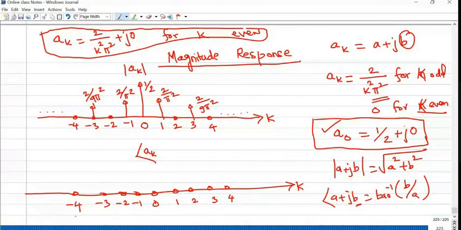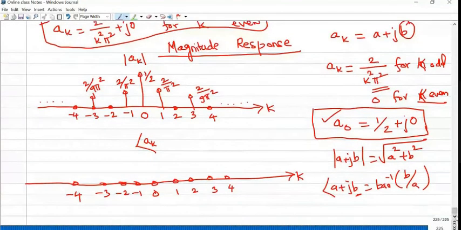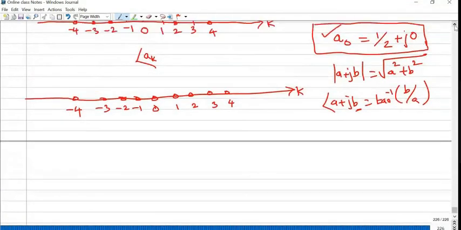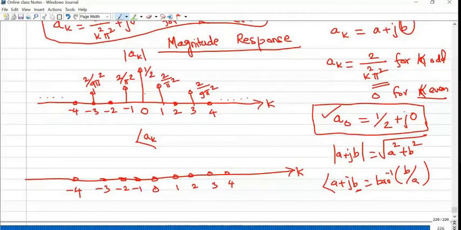Okay. For some other signal, if the answer AK is in the form of a complex number, then for each and every value of K, we have to calculate the angle. So in general, the magnitude will be symmetric. That is, K equal to 1, what is the magnitude? Same thing is available here for K equal to minus 1. K equal to 3, what is the magnitude? Same thing will be available for K equal to minus 3.